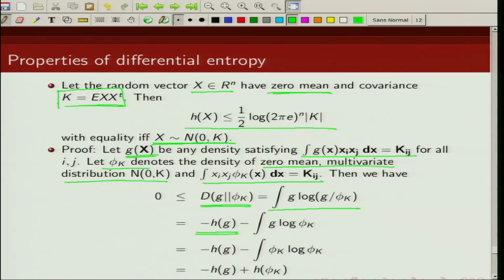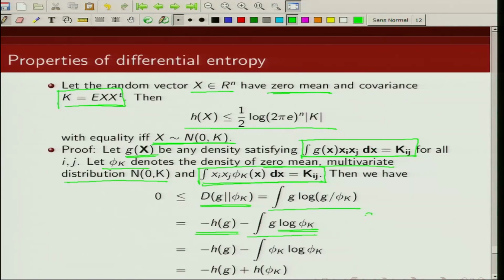Now this can be written as minus differential entropy of g minus the integration of g log phi k. Now log phi k is of quadratic form, and we have been given that g and phi k have the same covariance. So the integration of xi xj phi k dx is the same as the integration of xi xj g of x dx.